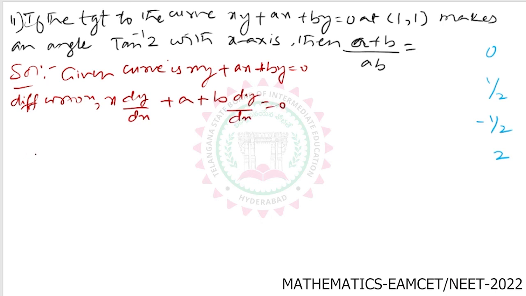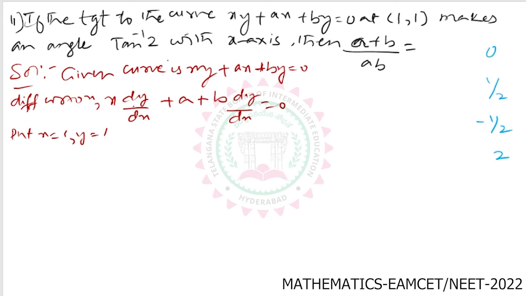If I take out dy by dx common, and substitute the point, put x equal to 1, y is equal to 1.